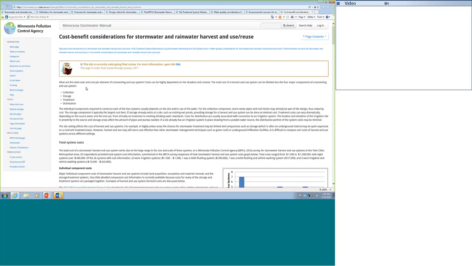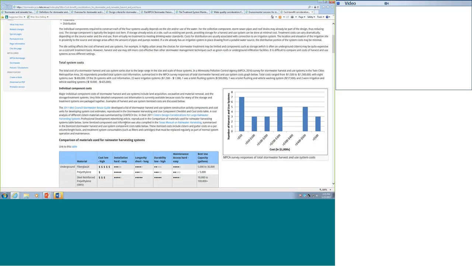So in the top 2 paragraphs on this page, it gets at this discussion: the different site settings and existing infrastructure that might already be in place dictate the variation in cost. So I encourage you to read these 2 paragraphs about what can affect your cost. If we go down to what sort of information we have, I'd just point out there is pretty limited cost information.